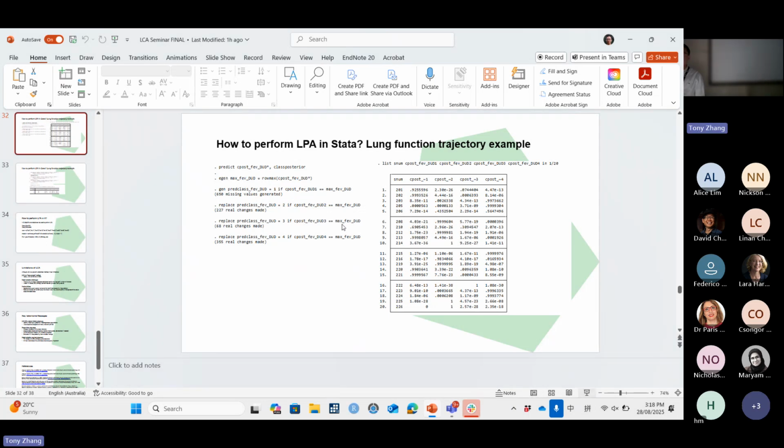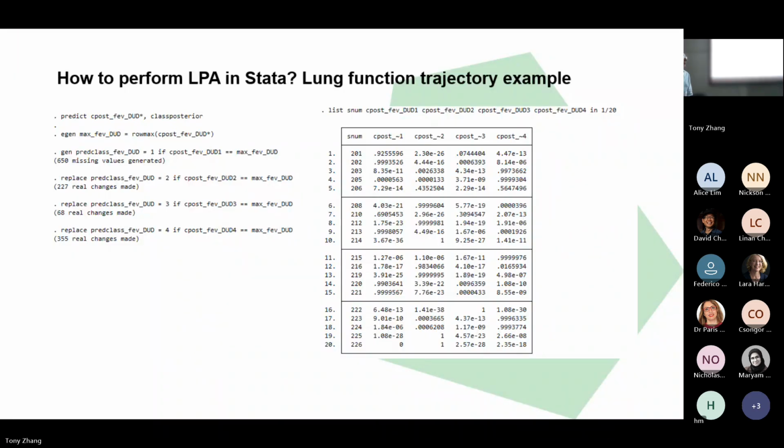So the question is, how do we know that a particular person belongs to a particular class, right? That's why we look at the posterior probabilities. There's no cutoff, but people use like 80% or 85%. If the probability for a person to belong to a particular class is greater than 80%, this is pretty acceptable.